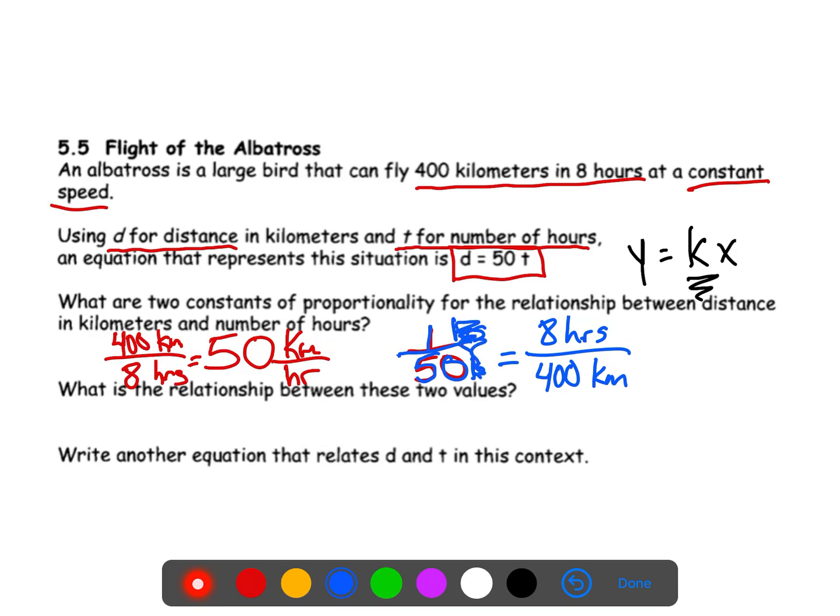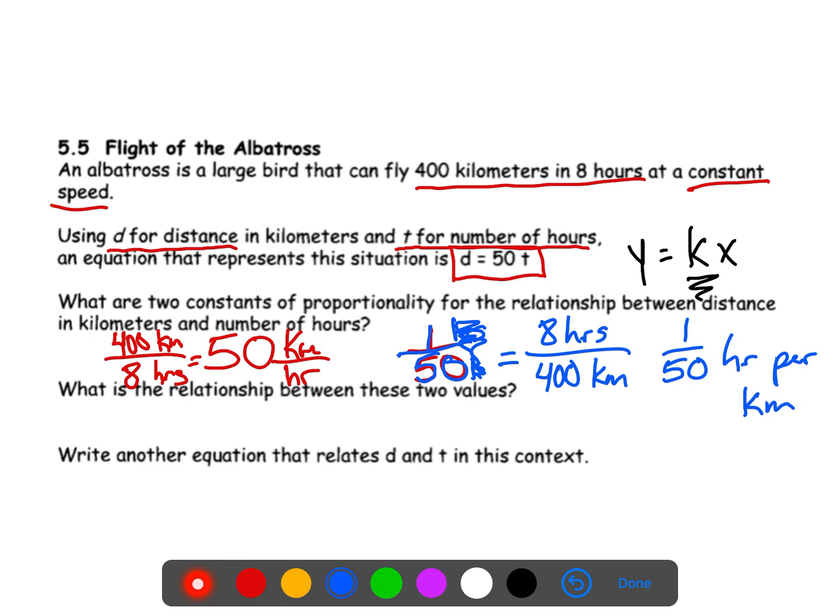Sorry, let me change this here. It would be 1/50th of an hour per kilometer. So that albatross is flying 1 kilometer in 1/50th of an hour, a part of an hour, a very small part of an hour.